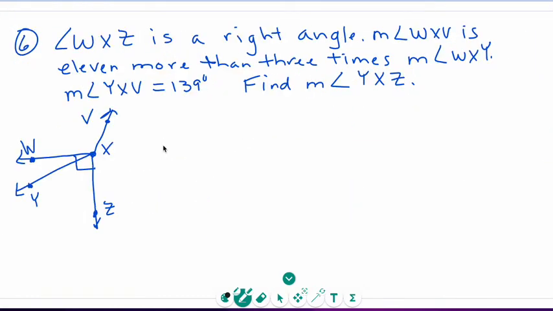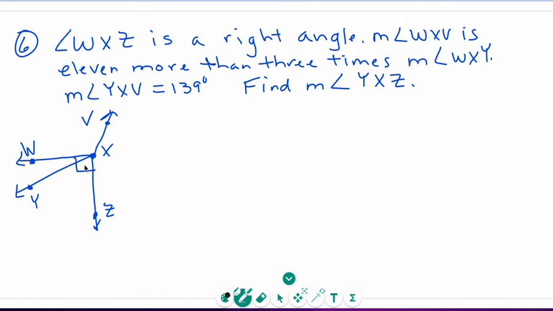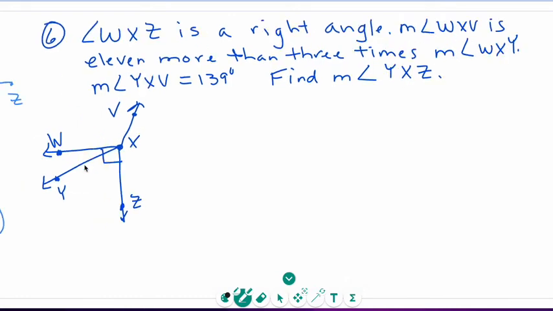WXZ is a right angle, and we have that shown already in our drawing. WXV, which is this angle right here, is going to be 11 more than 3 times the measure of WXY, which is this angle here.